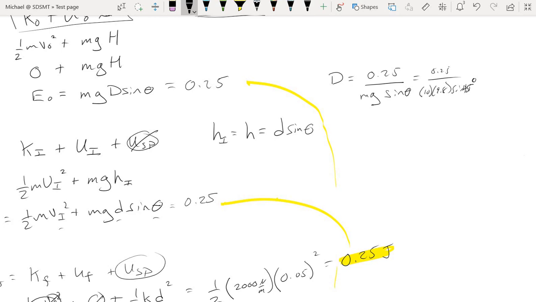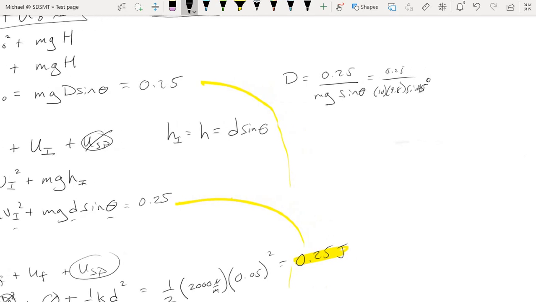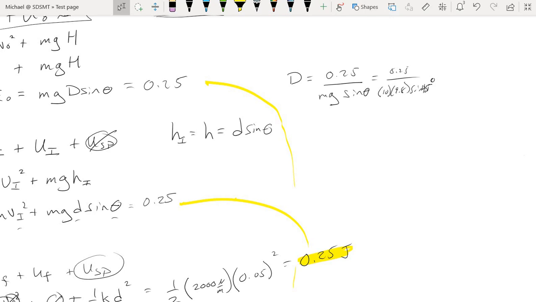0.25 divided by 10 divided by 9.8 divided by sine of 45. Yeah, if I'm doing this right, I'm getting a total displacement value of 0.003 meters, which would be like 3 millimeters.